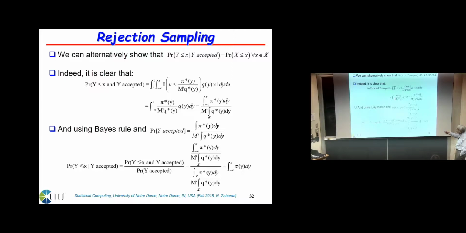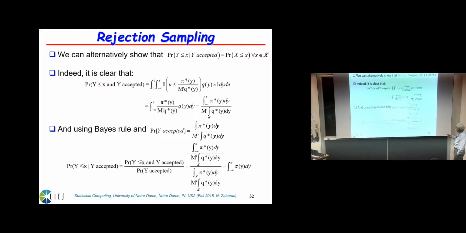It just adds value. You see that? When you integrate on u, all the other arguments don't depend on u, and this is 0 if u is greater than that, so you basically get this value, right? So we have pi star q of y dy divided by m prime q star. So let me simplify a little bit.